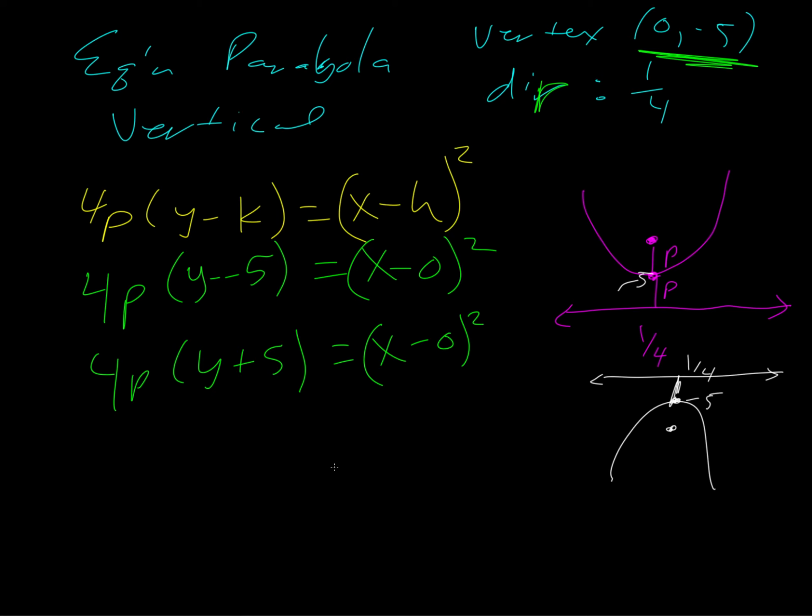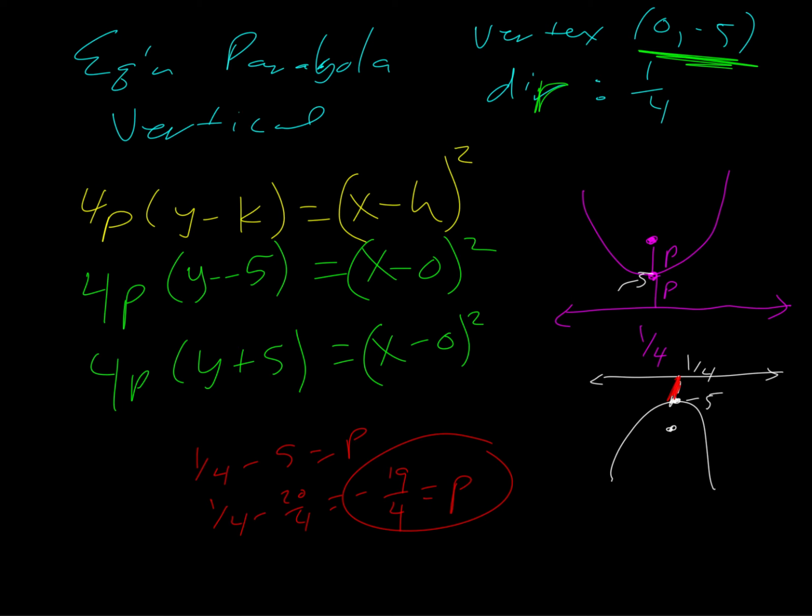So we want to know the difference between that. So we're going to have 1/4 minus 5, and that's going to tell us our p-value. So the distance from here to here. So I'll change the 5 to be 20/4. So that's going to be -19/4 is our p-value.